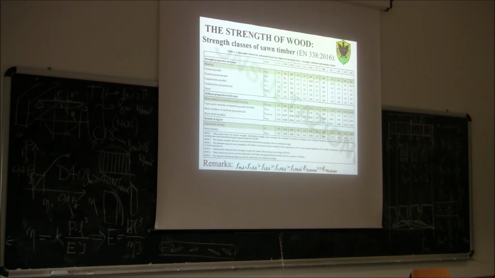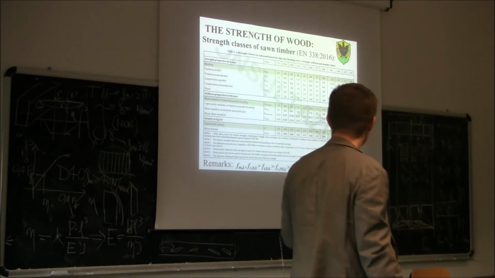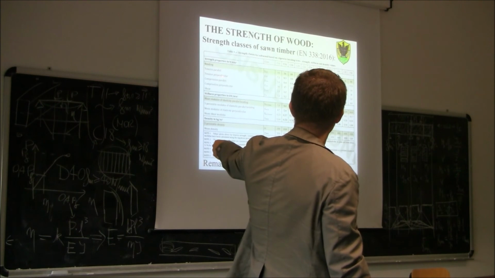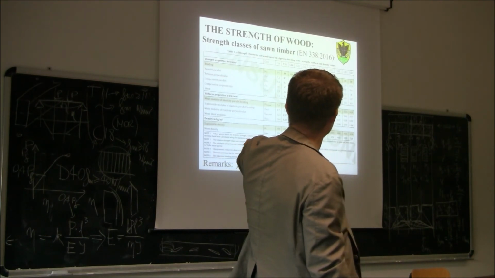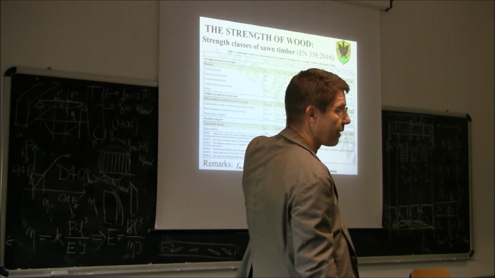Other remarks: you can see that the bending value is in between the compression and the tension, like we discussed before. Compression is the highest value, then bending, then tension, obviously parallel to the grain. For tension perpendicular to the grain, you see the constant is equal to 0.4 for all of them.